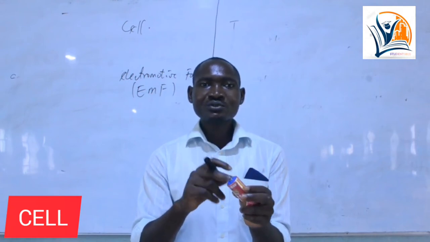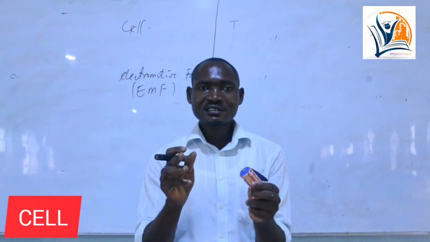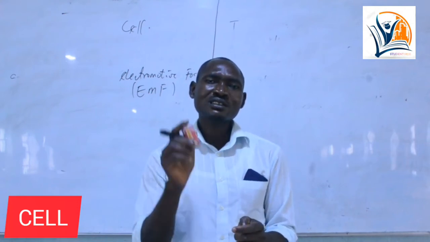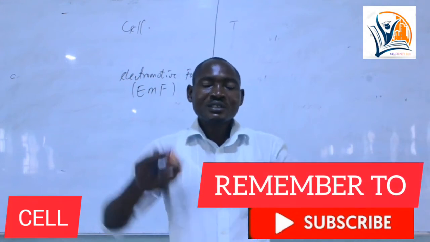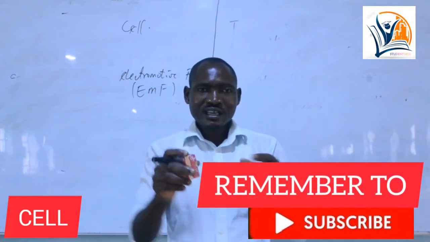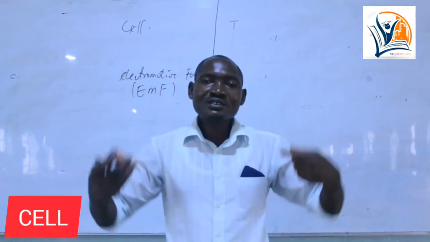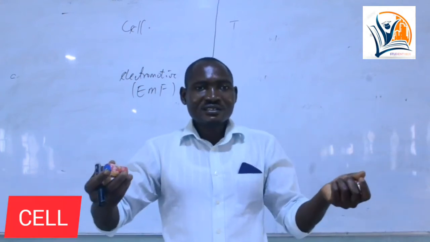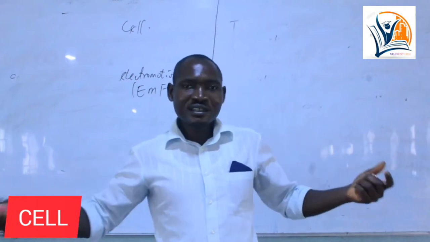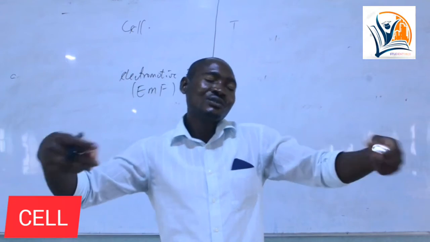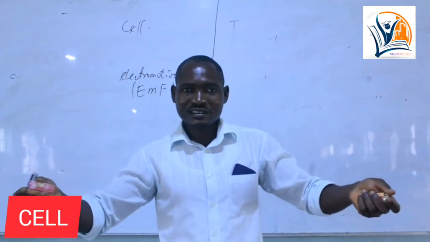So the opposition offered by the electrolyte to the free flow of electricity or current in this cell is what we call internal resistance. Within the cell itself, there is resistance. That is why sometimes we say, even you yourself, there are certain oppositions going around you, not even from other people outside.